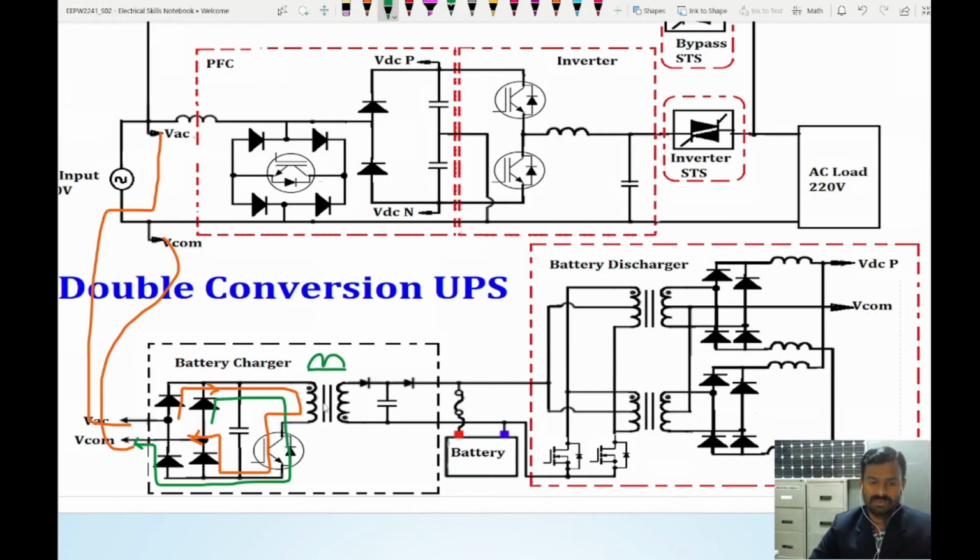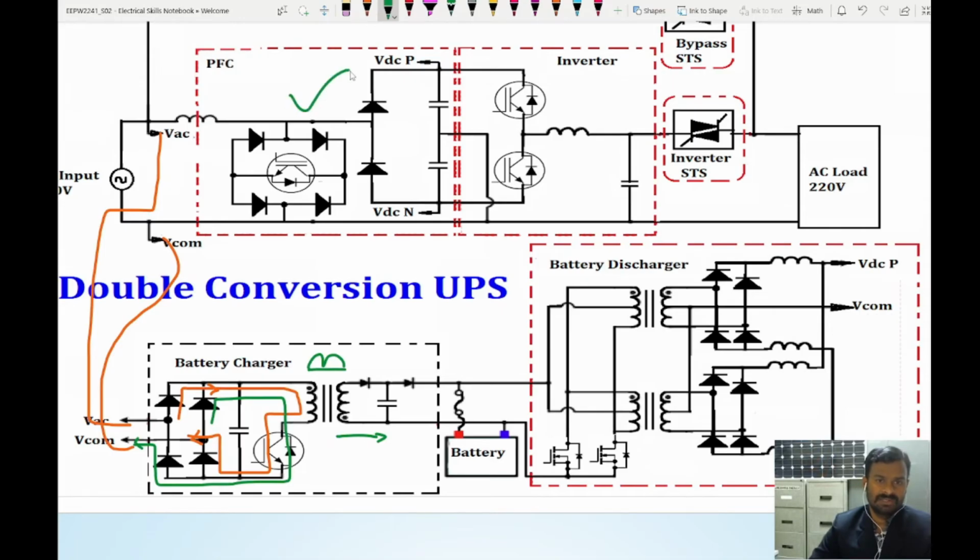So this forward converter will allow whatever signal is available here to be transferred to the secondary part. From here we have a filter again, and diodes to limit the reverse current flow, and it goes to the battery here. So this is how the battery charging unit functions.